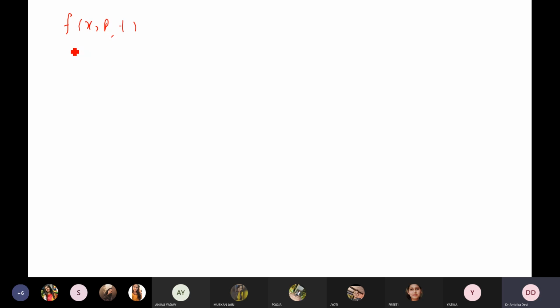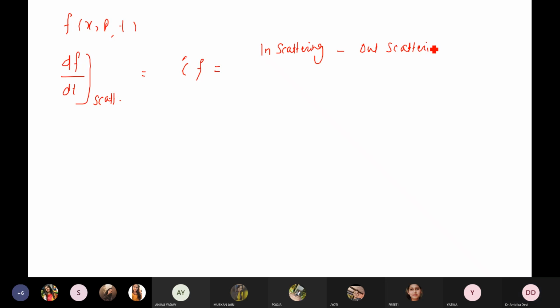So if f is the probability, then the rate of change of f with respect to t due to the scattering of electrons and electrons is equal to a constant c multiplied by f, and this is further equal to the electrons coming inside due to the in scattering process, or the electrons going out due to the out scattering process, divided by the mean free path.